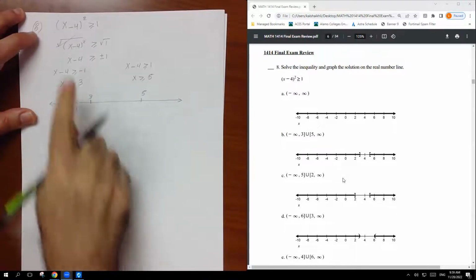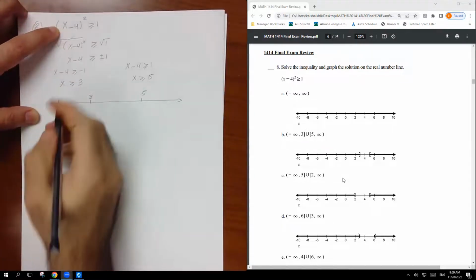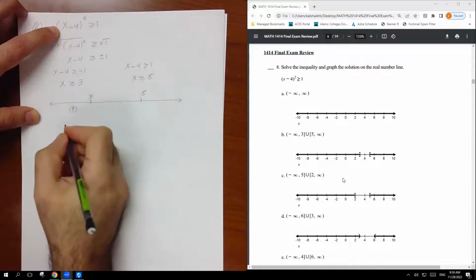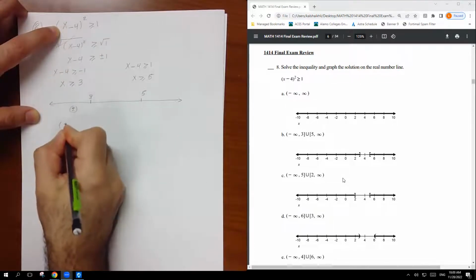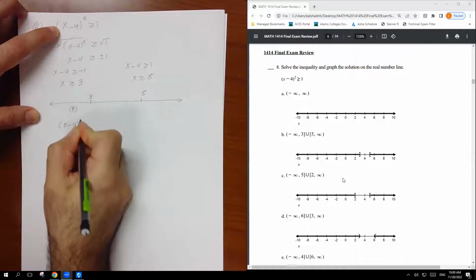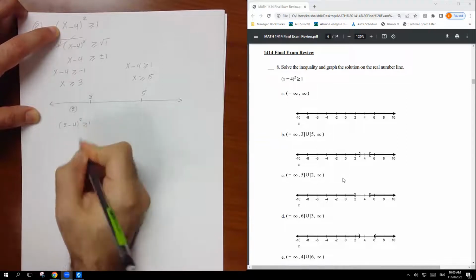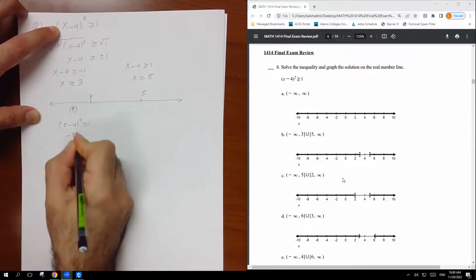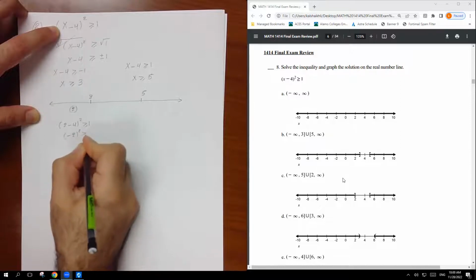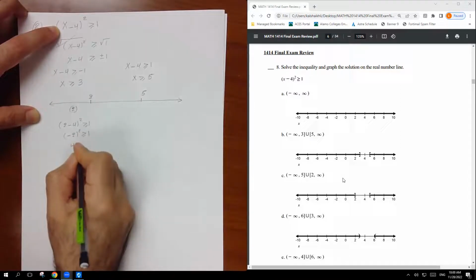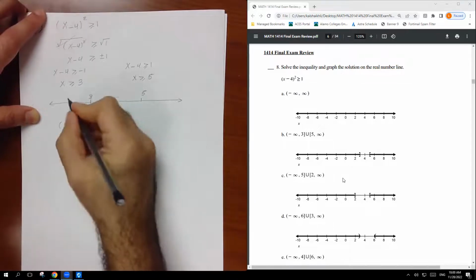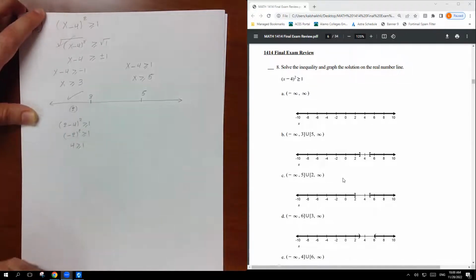If you plug in 2, it's (2 - 4)² greater than or equal to 1. That means (-2)² is greater than or equal to 1. That means 4 is greater than or equal to 1, so this is an interval solution.